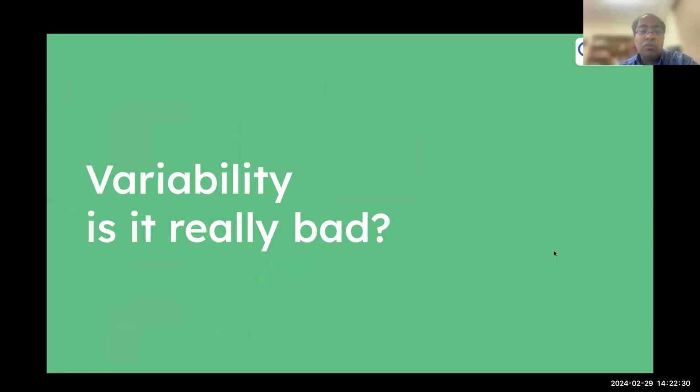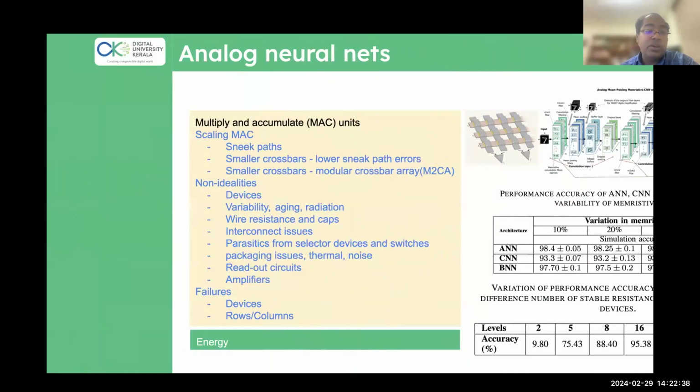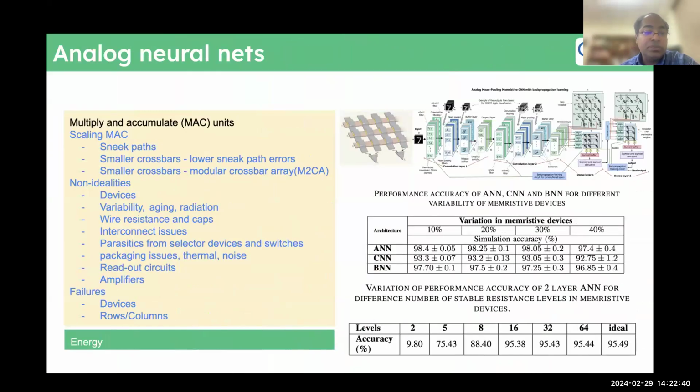Now, one of the things that you really see is the variability in these devices. And the question that we ask is, is variability really bad? And can we actually make use of this variability to build things? And there are a variety of issues within the crossbar that you would see, like leakage currents or various kinds of non-idealities. So with variations itself, can we still build reasonably good architectures?